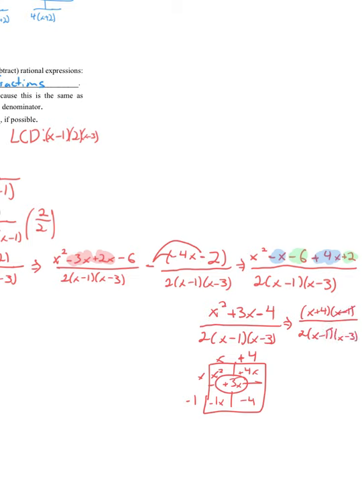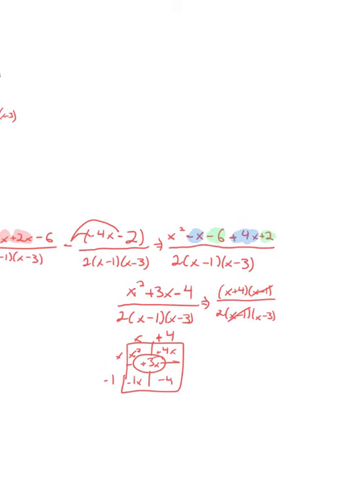I have an x minus 1 in both the numerator and denominator. So this does simplify a little bit more. And after all that work, a lot of work, we ended up with this: x plus 4 over 2 times x minus 3. I'm going to box that up.